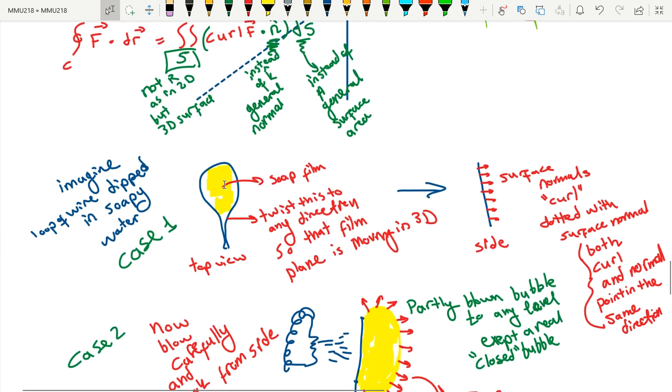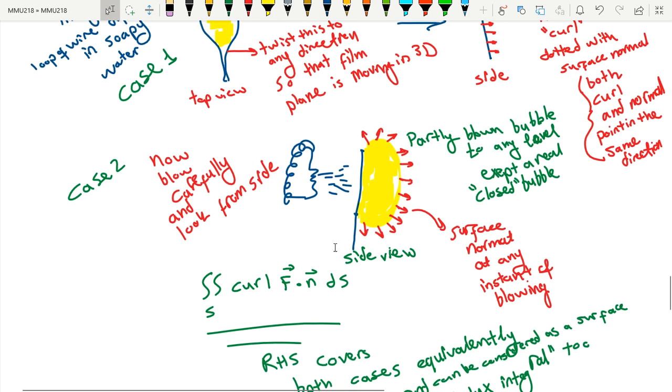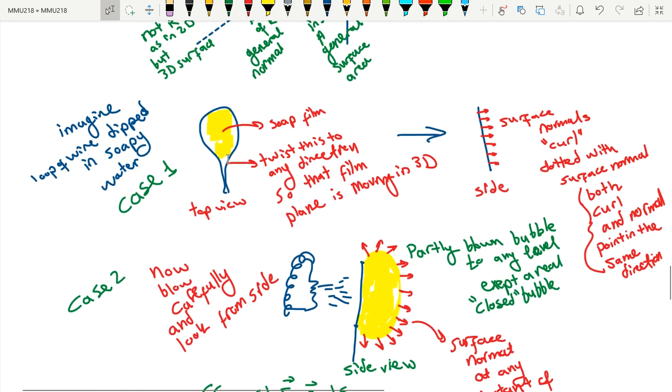It's not this surface, but still I'm gonna be able to look at it as an equivalent flux integral, right? Because the flux of air molecules that are coming in is gonna be kind of equal or limited by the area I have over here in the wire loop originally.